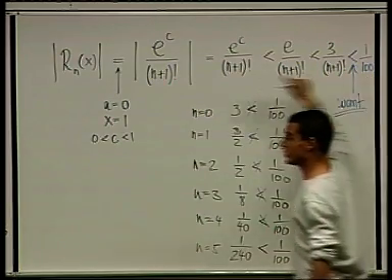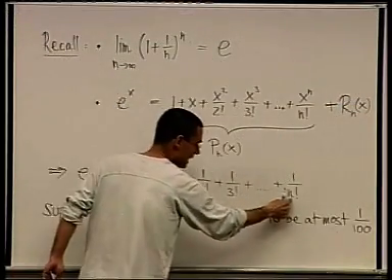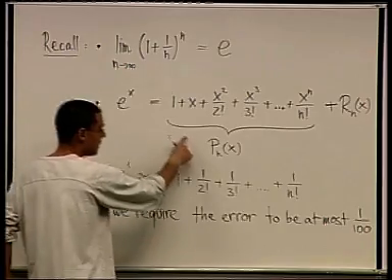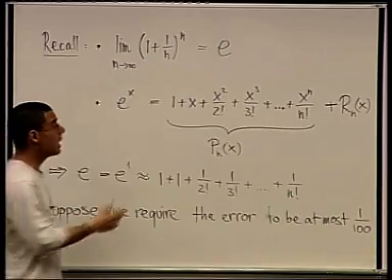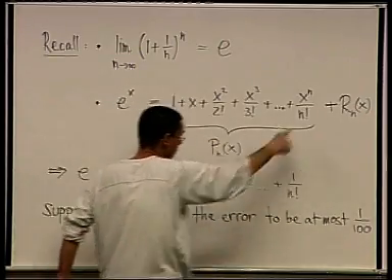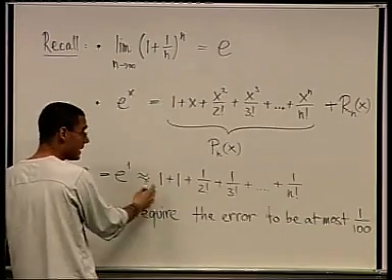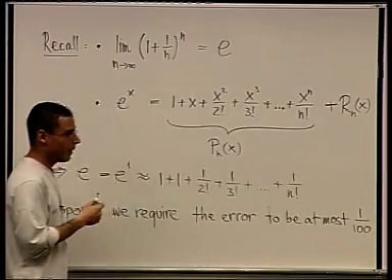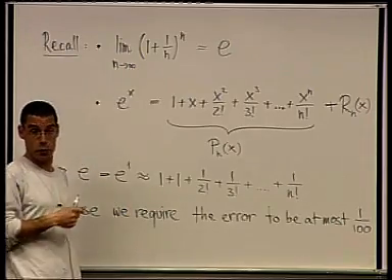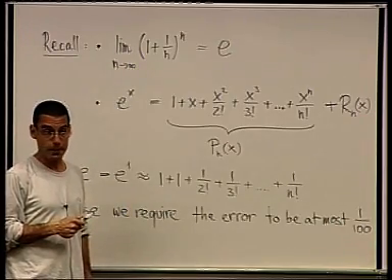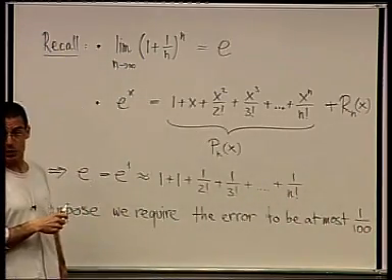It means, back to this board, that if we stop here at n equals 5, if we take the Taylor polynomial P5, the Taylor polynomial of degree 5, then we're guaranteed that whatever we find here is not going to be equal to e to the power 1, but it's going to miss e to the power 1 by at most 1 over 100. In fact, by at most 1 over 240, which is even better. Right? So we need to calculate this up to n equals 5.